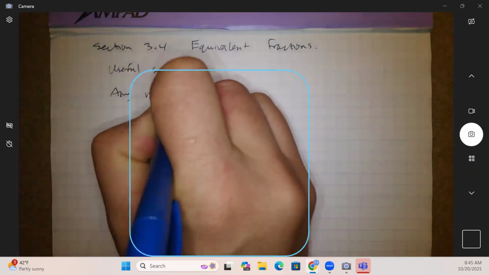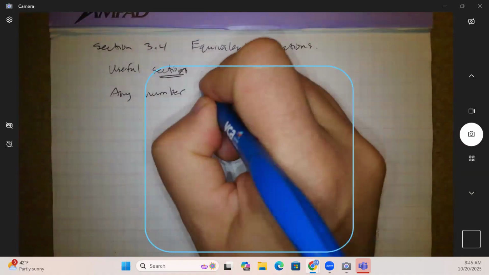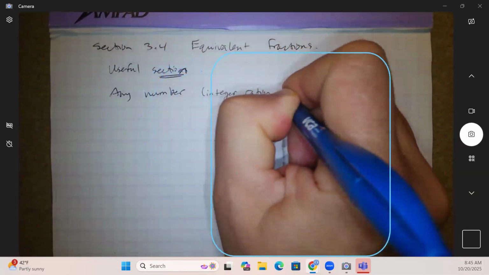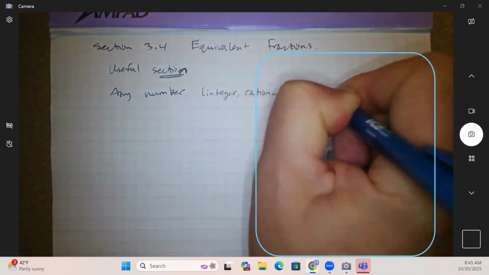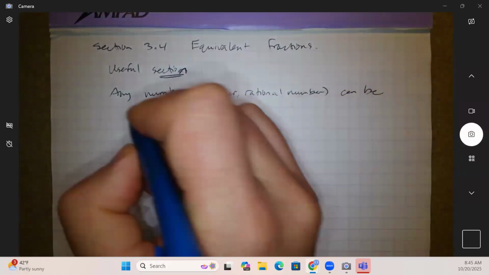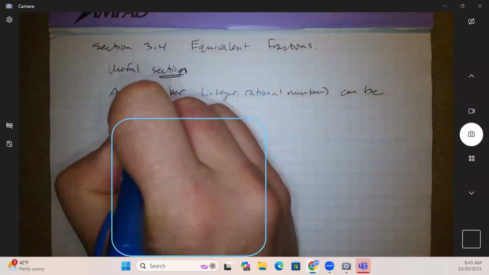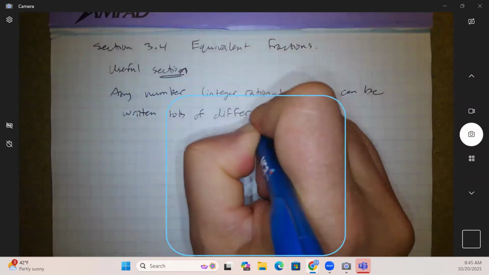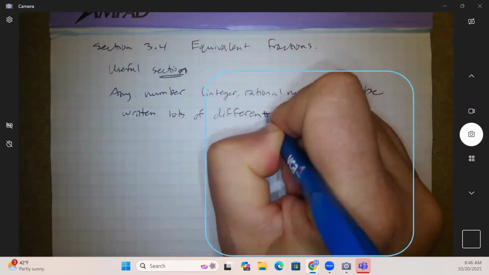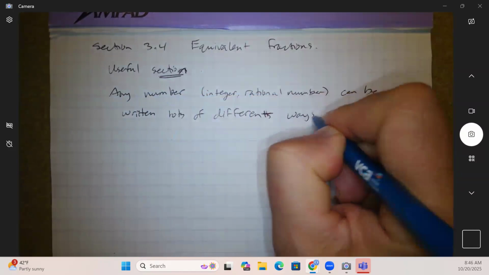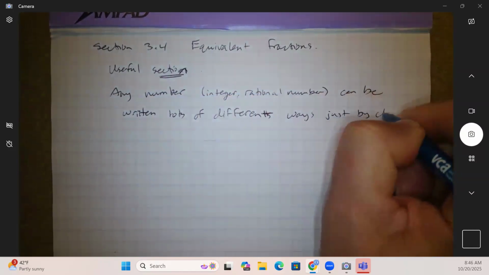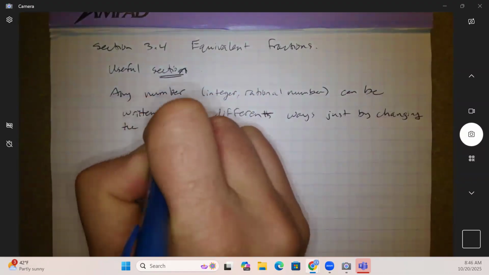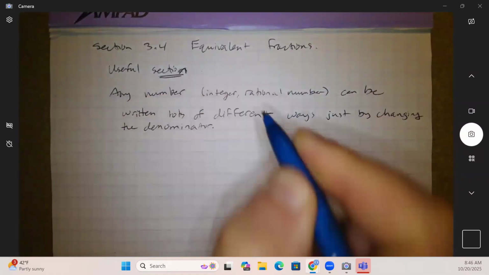Any number, whether it's an integer or a rational number, can be written lots of different ways. In fact, an infinite number of different ways, just by changing the denominator.